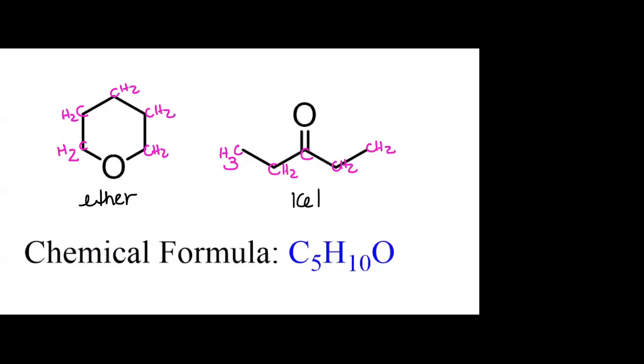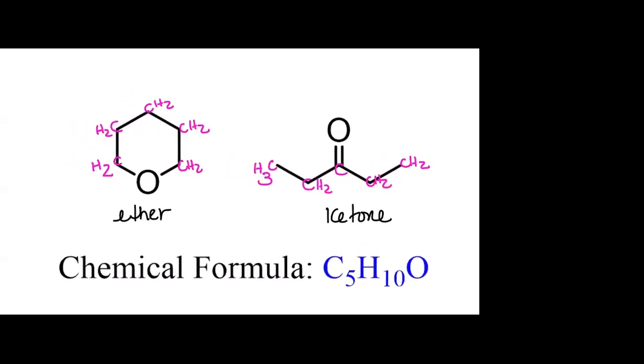This is a ketone. So this can give you a clue: if I have an ether and a ketone and they have the same chemical formula, they are going to be constitutional isomers of each other.